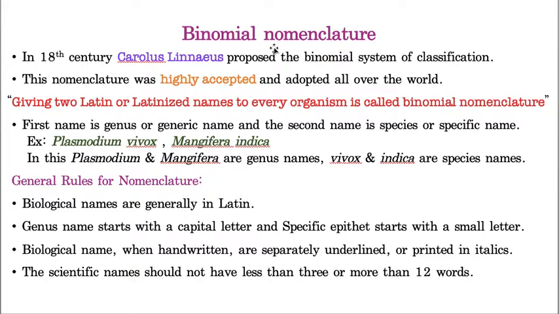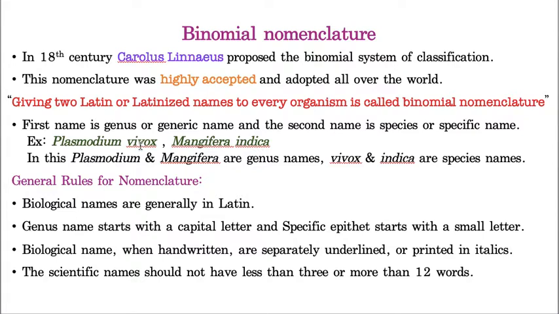Now, what exactly is binomial nomenclature? If you want to understand, we will take at least one or two examples, then you will clearly understand. I have taken two examples here. Plasmodium vivax. Hope you know, students, what Plasmodium vivax is. It is the malarial parasite. There is a mosquito called the female Anopheles mosquito. When this female Anopheles mosquito bites us, the Plasmodium vivax, which lives in its salivary glands, enters the blood of our body.